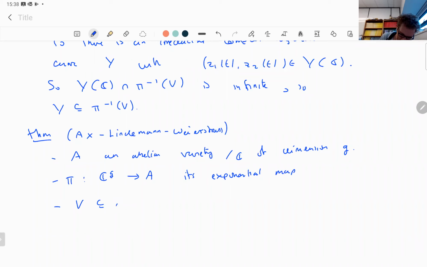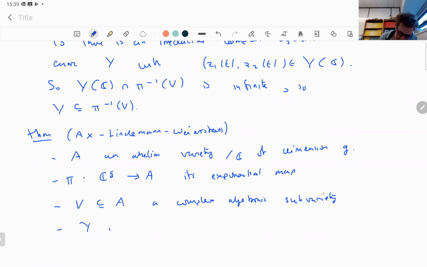V is a complex subvariety of A. So that's our curve above.